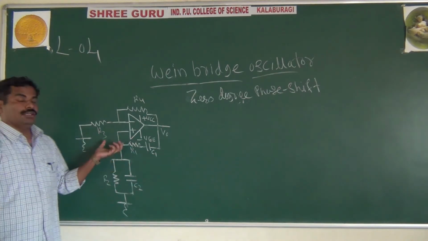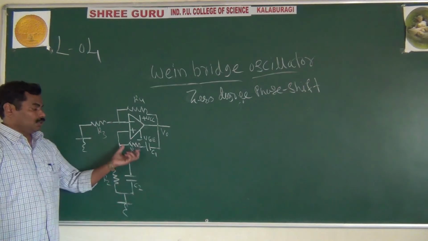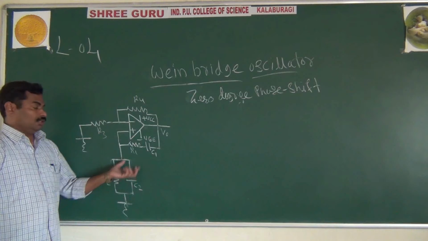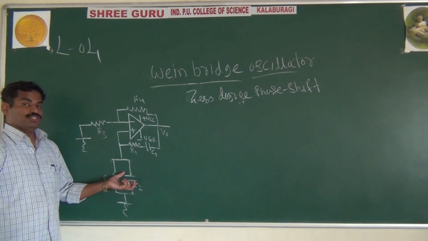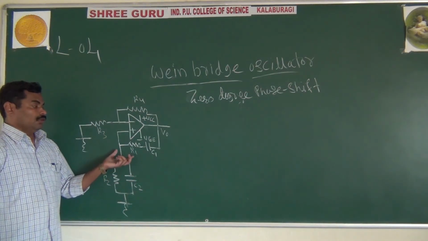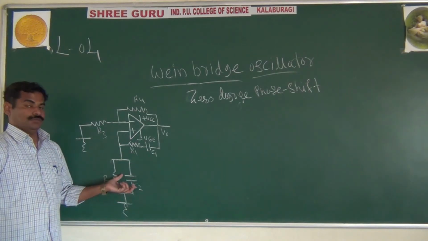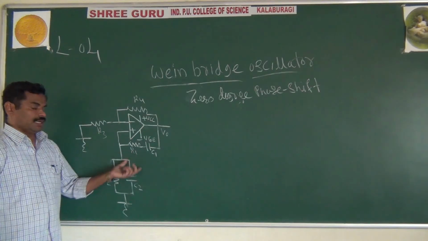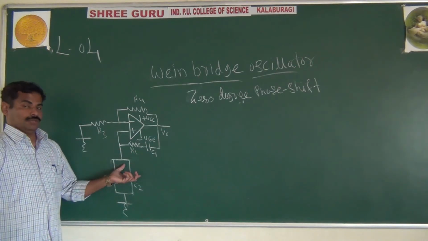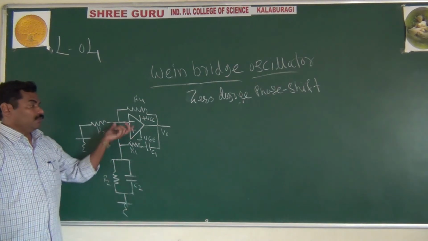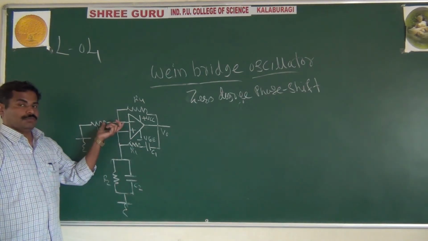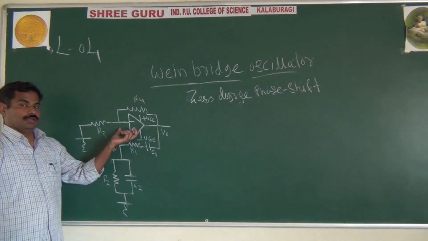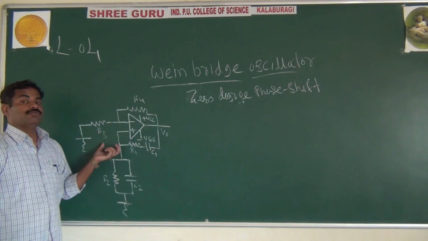The bridge circuit in the feedback acts only as a frequency selective circuit. Your R1 C1, R2 C2 act as a frequency selective circuit. Once again, whenever you switch on the power supply, the noise voltage acts as the input for the non-inverting terminal, but the noise voltage has different frequencies.